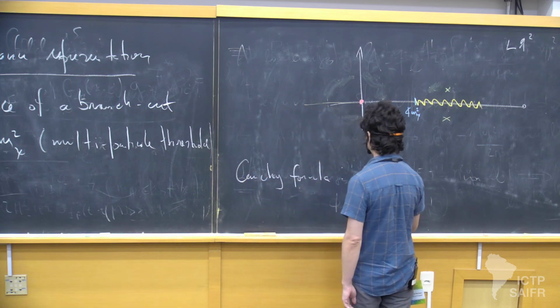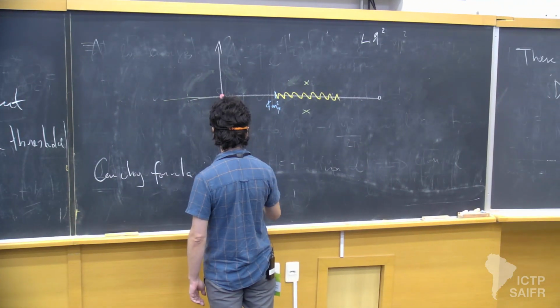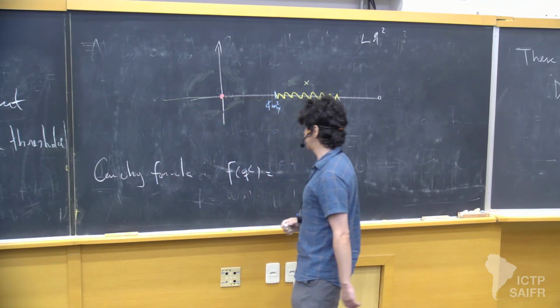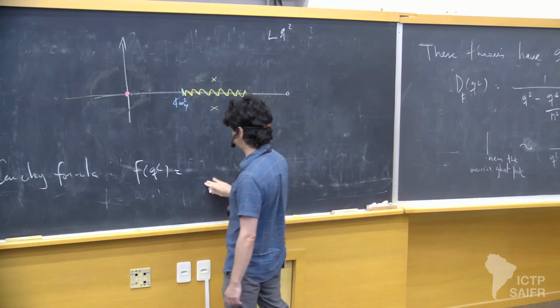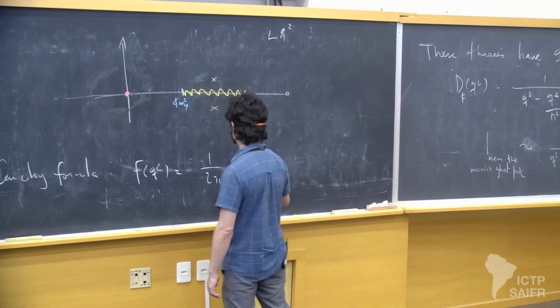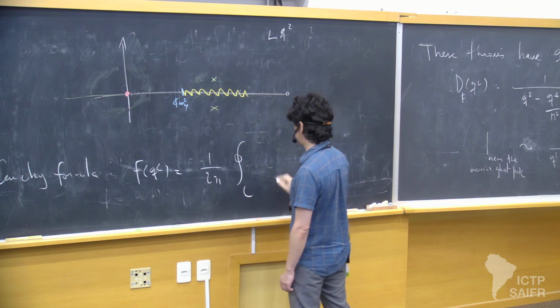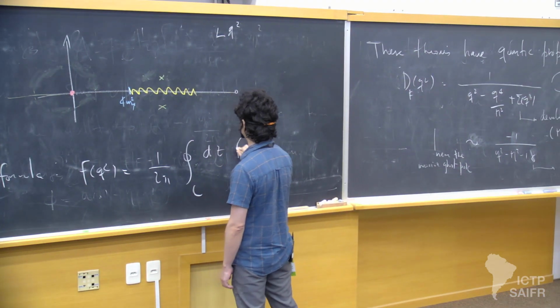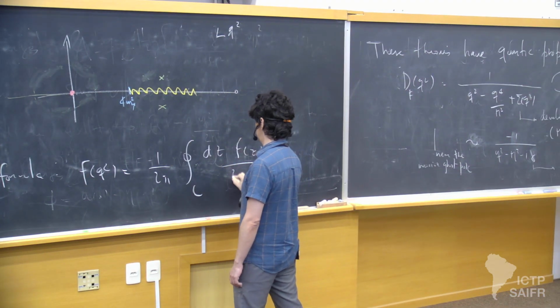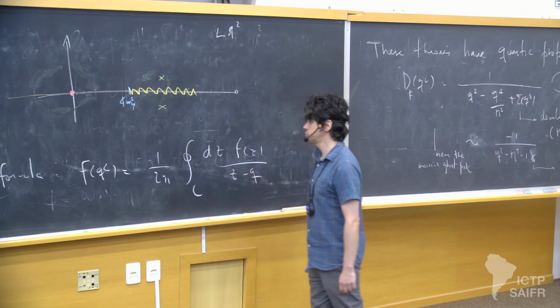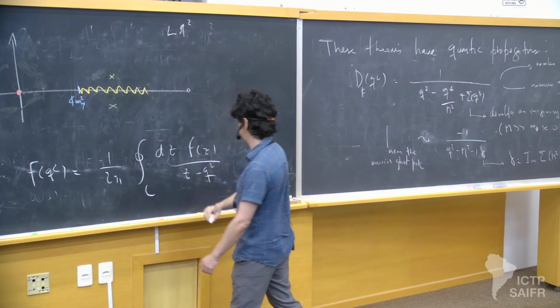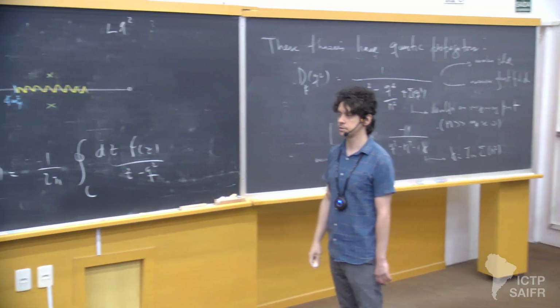What the Cauchy formula states for us. Let's take a function f(q squared), which is analytic in a given region of the complex plane, inside a given contour, so you can just write the function in this way, right? Minus q, C minus q squared, sorry. Right?